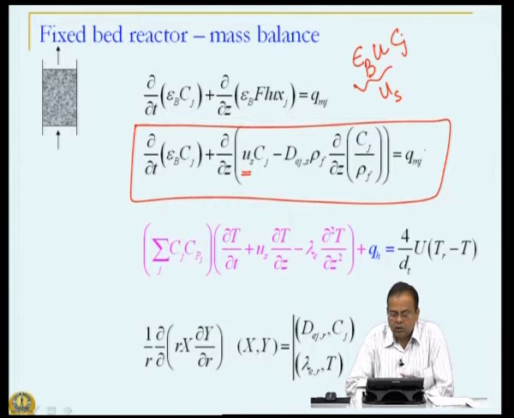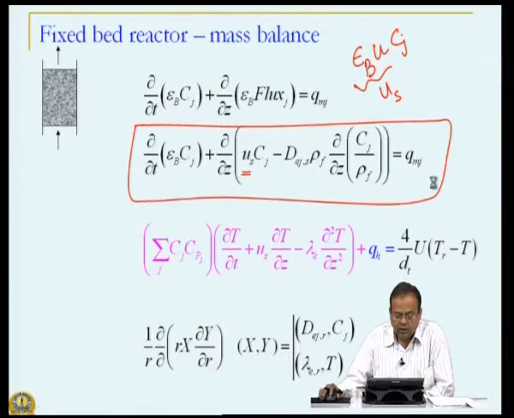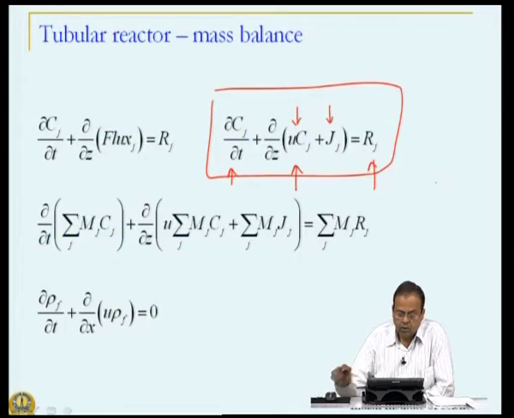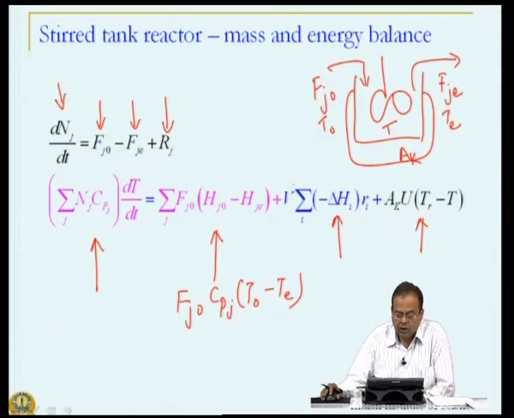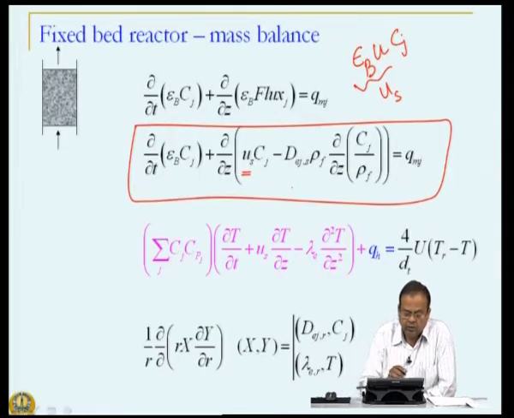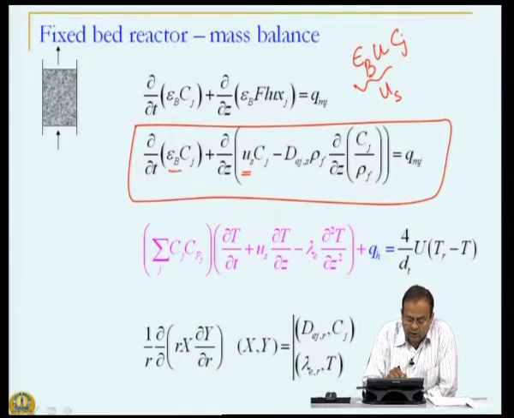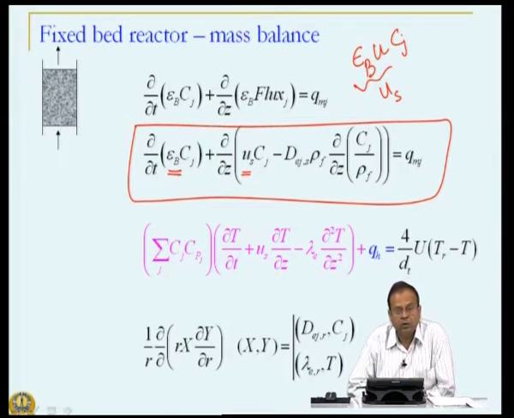Now, if you recall, this equation is exactly identical to our tubular reactor mass balance equation. If we go back to this equation, my fixed bed reactor is exactly identical, except that we have this epsilon b factor, because the entire bed cross section is not available for fluid to flow, only the fraction of it, epsilon b, is available.